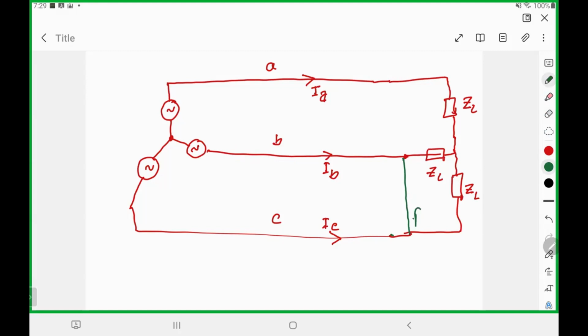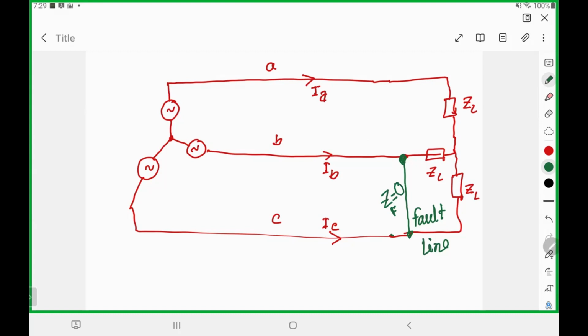So fault line. This one is connected as a fault line between B and C. Now, what will happen? What is the impedance of this one? ZF, fault impedance. Probably very low, and that's probably zero, right?